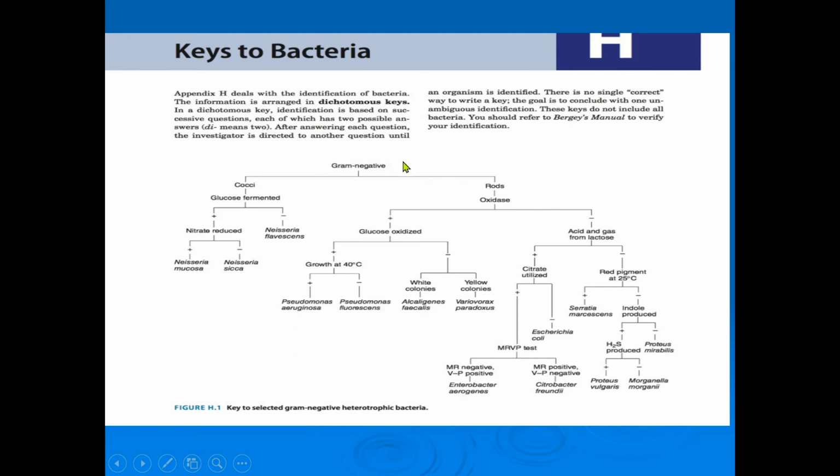So gram staining is a step that all microbiologists should be very confident in. Because if you made a mistake here, then you use the different tests for the bacteria, and all the results will be subsequently incorrect.